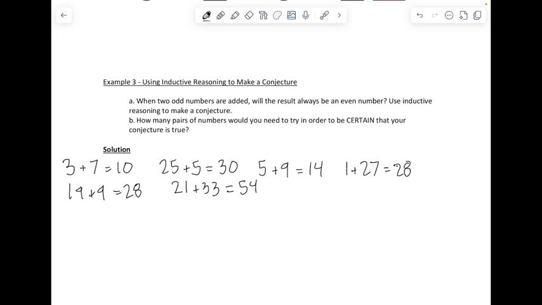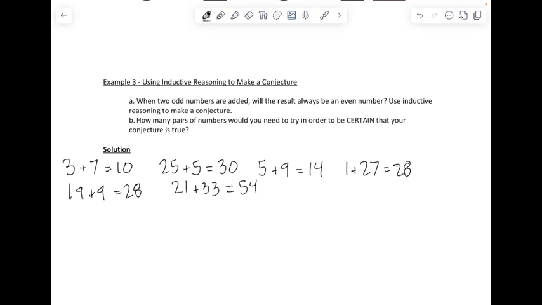We could try specific examples all day and always get an even sum, but that can never guarantee that it will always happen. To prove that a conjecture is true, we generally cannot rely on inductive reasoning. We have to use a type of reasoning called deductive reasoning, which we'll take a look at in just a little bit.